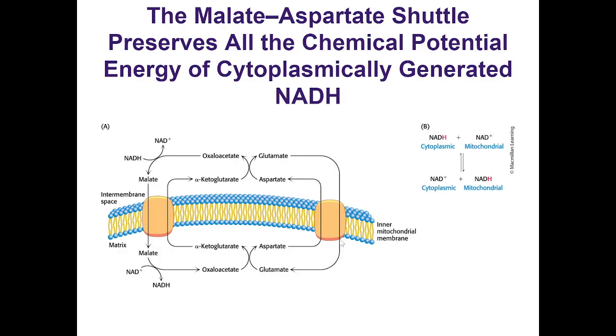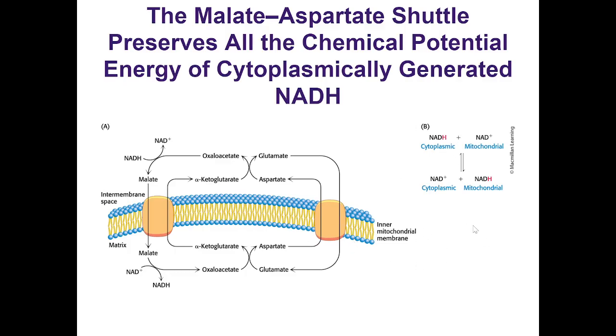This is going to be what exchanges for aspartate, and aspartate is going to move back through that channel back into the intermembrane space and eventually the cytoplasm. This right here is going to again be the exchange of the aspartate for glutamate. Glutamate comes into the matrix. Glutamate is going to be what reacts with that oxaloacetate, giving us the aspartate right here.